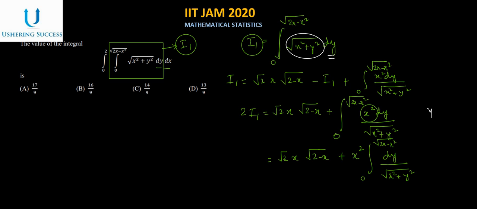If I substitute y equal to x tan theta here, then the numerator becomes dy equal to x sec square theta d theta, and the denominator root over x square plus y square becomes equal to x sec theta.